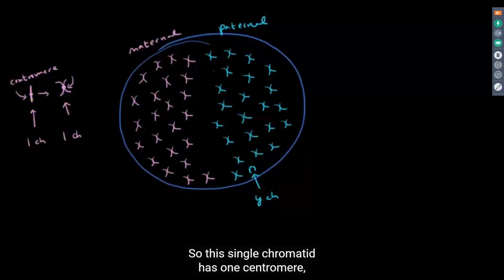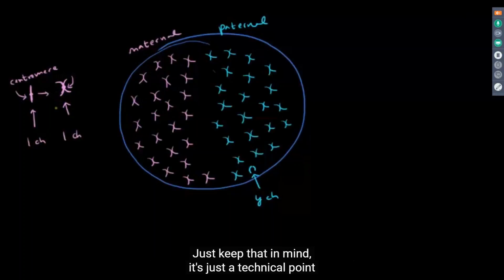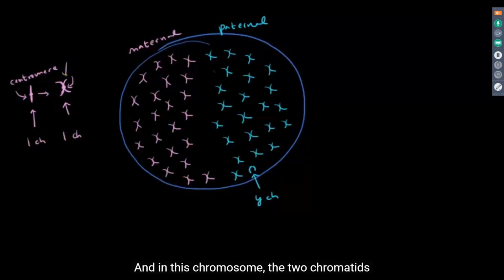So this single chromatid has one centromere, but these two chromatids are attached in the middle by one centromere, so we also call that one chromosome. Just keep that in mind. It's just a technical point to know that even though they're different, they're still both considered one chromosome. And in this chromosome, the two chromatids are duplicates of each other, so it's just a copy of itself.